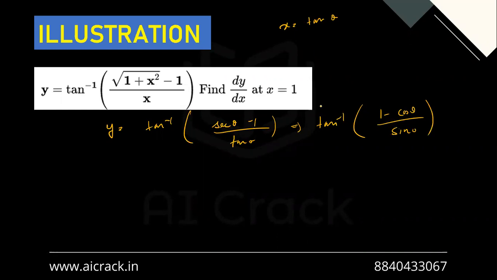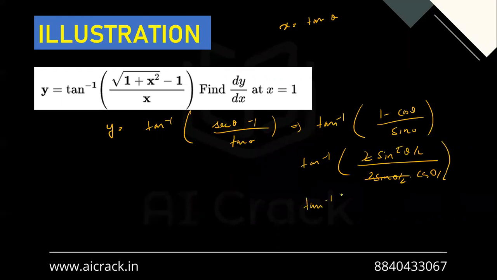Now, still it's not in a simpler form, so I'll be converting into half angles. 1 minus cos theta is 2 sine square theta by 2. That would give me tan inverse of 2 sine square theta by 2 divided by 2 sine theta by 2 cos theta by 2. So this gets cancelled out and the expression becomes tan inverse of tan theta by 2, which is basically theta by 2.